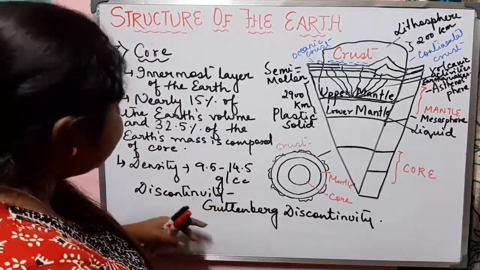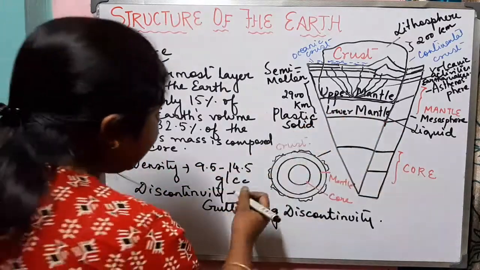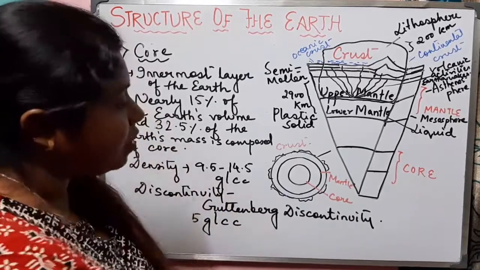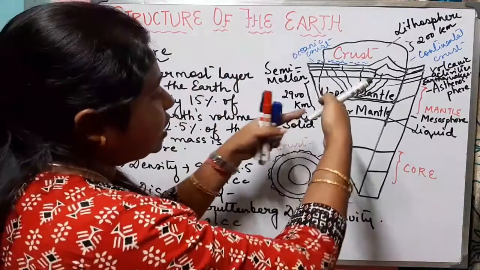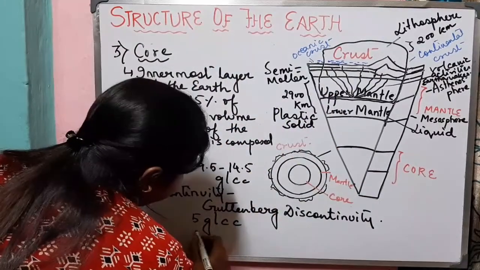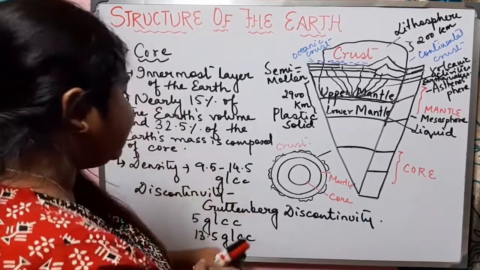The density of the materials at the mantle core boundary is 5 gram per cubic centimeter. And as we come to the center, that means to the interior of the earth, the density of the materials is 13.5 gram per cubic centimeter.